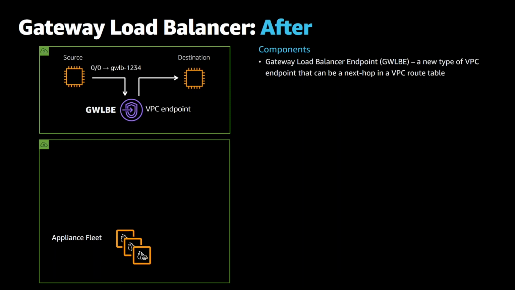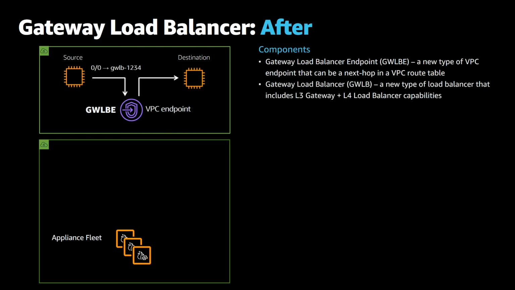So my source will send everything to my gateway load balancer endpoint, right? Which is basically an extension of the gateway load balancer. And then the gateway load balancer is a new type of load balancer that includes a layer 3 gateway and layer 4 load balancer capabilities. So basically, we're all used to the classic load balancer, application load balancer, network load balancer. Well, now we have the gateway load balancer, right?